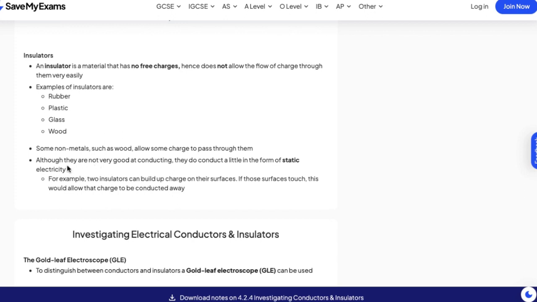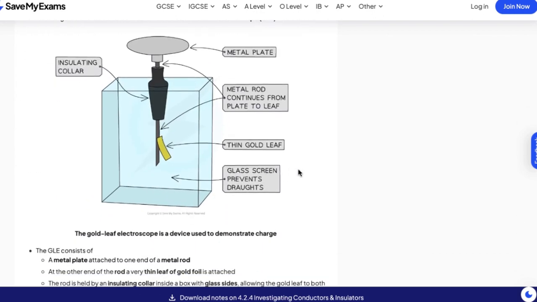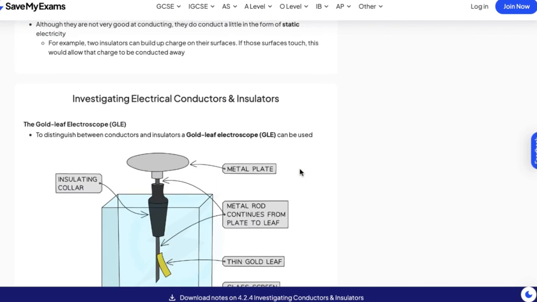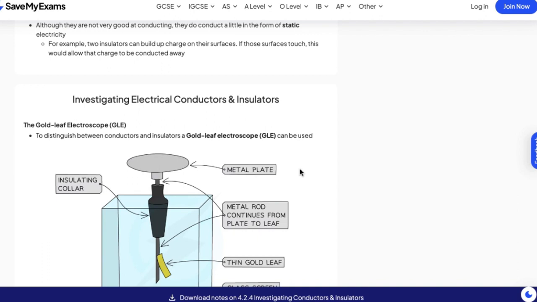For example, two insulators can build up charges on their surfaces if you rub them against a piece of cloth. If those surfaces touch each other, the charge would be carried away or conducted away.